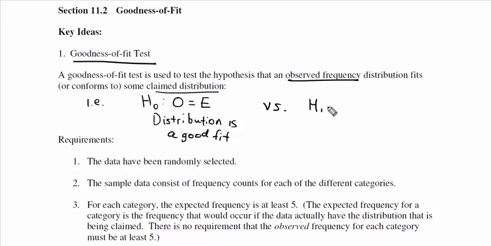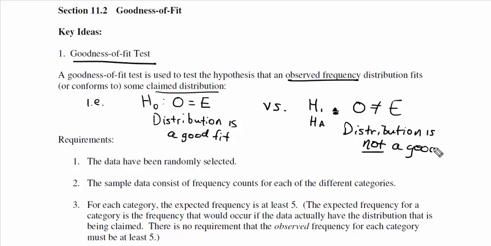Versus H1 or HA, either is okay: the observed frequencies are not equal to the expected frequencies, or in other words, the distribution is not a good fit.